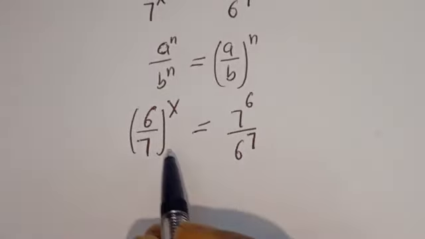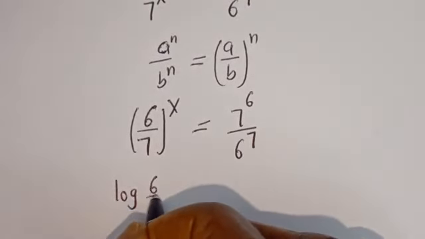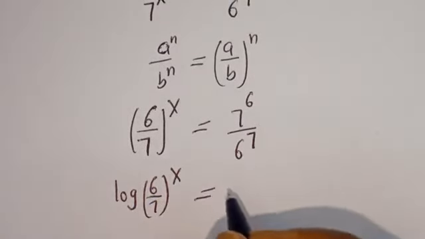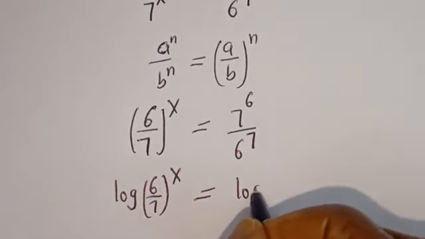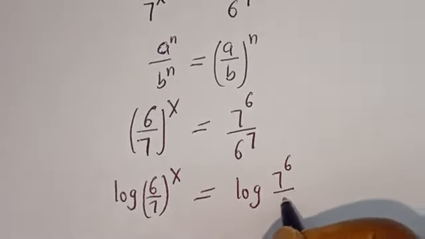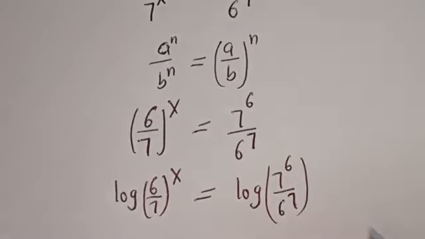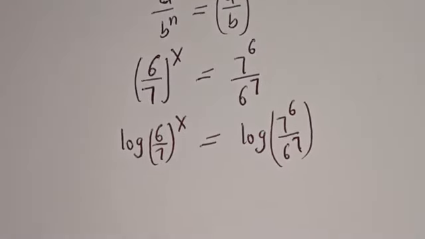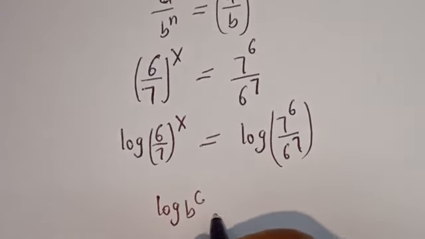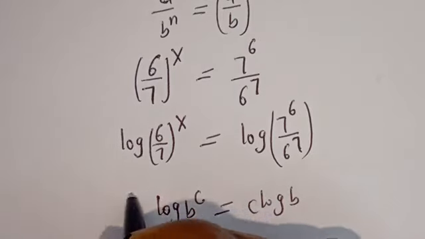Now let's take the log of both sides. From here we have log of 6 divided by 7 all to the power of x is equal to log of 7 to the power of 6 divided by 6 to the power of 7. Now if you have log b to the power of c, this is equal to c log b.